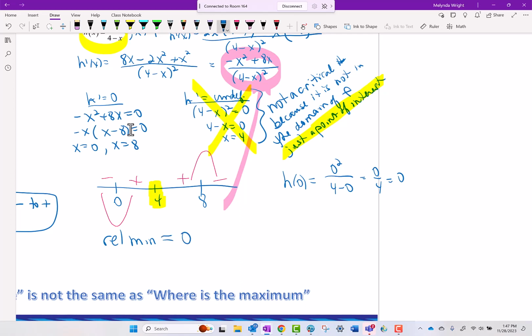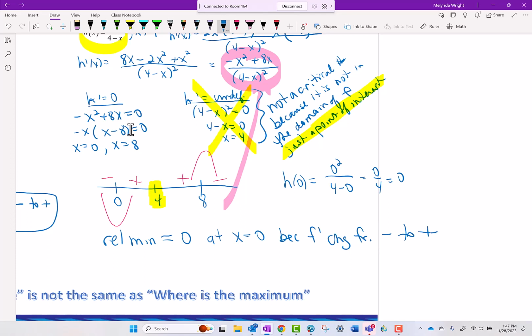I'm going to add the extra information. They didn't ask for it, but I'm going to say at x equals 0. There's a relative min. The relative min is 0. And the reason I know is because f prime changes from negative to positive.